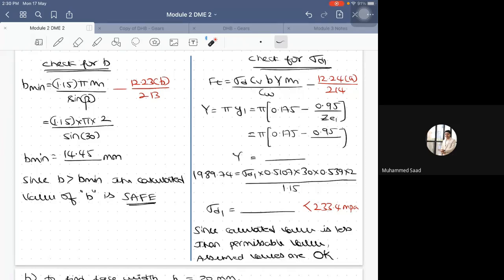Now previously you have just calculated the virtual number of teeth with the proper calculations, you can use that particular thing here.